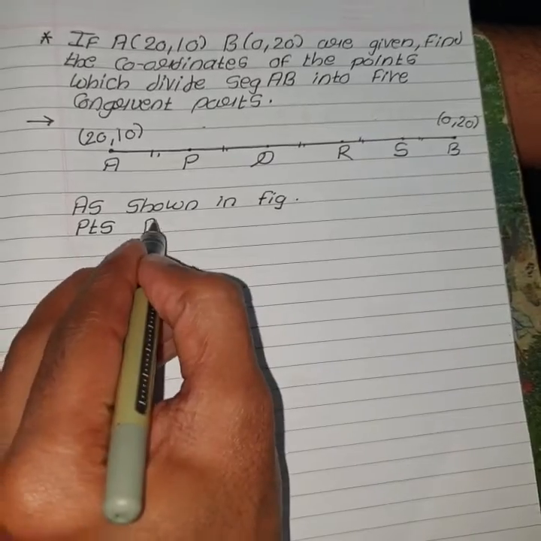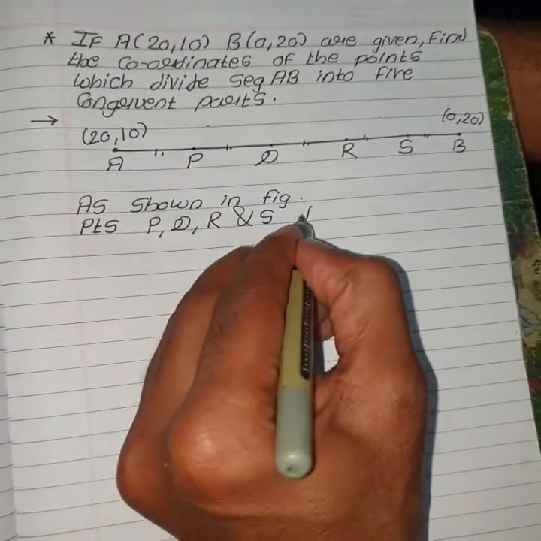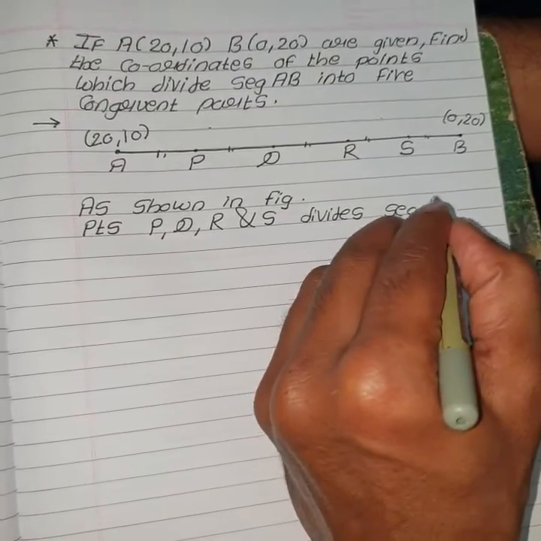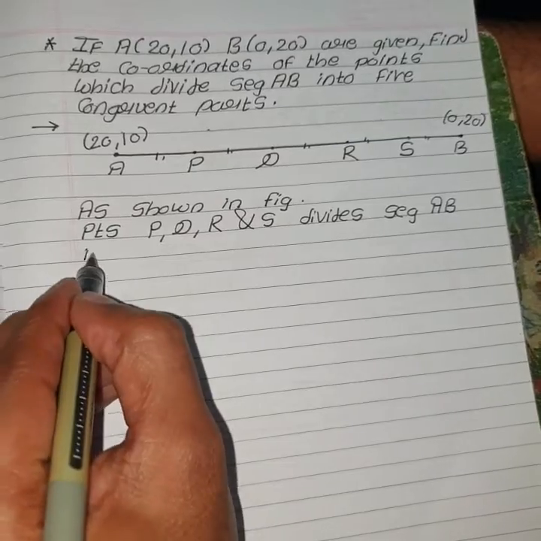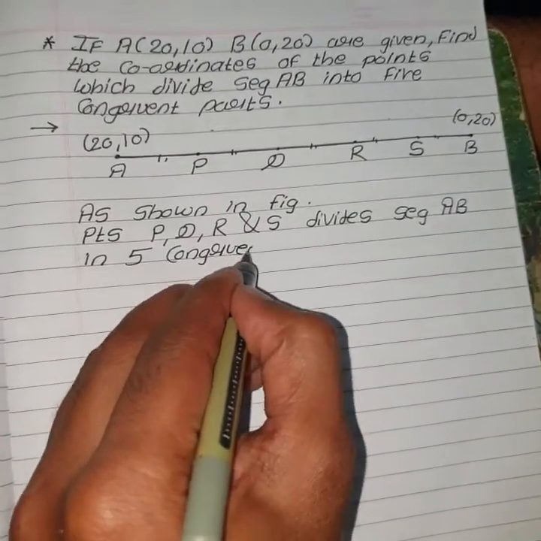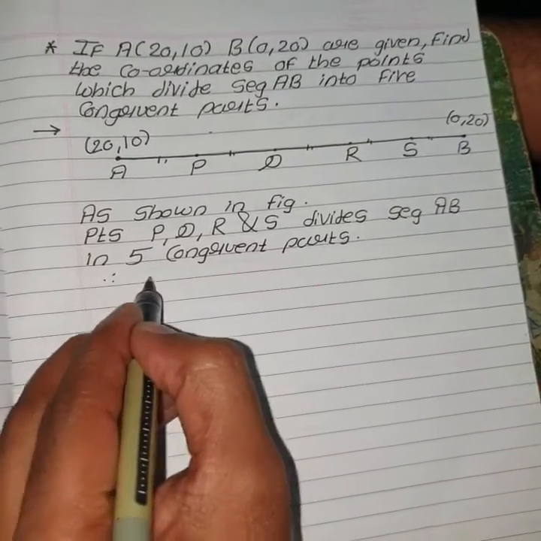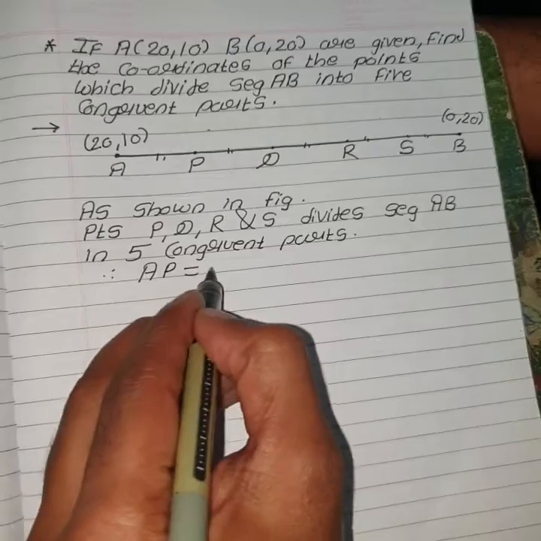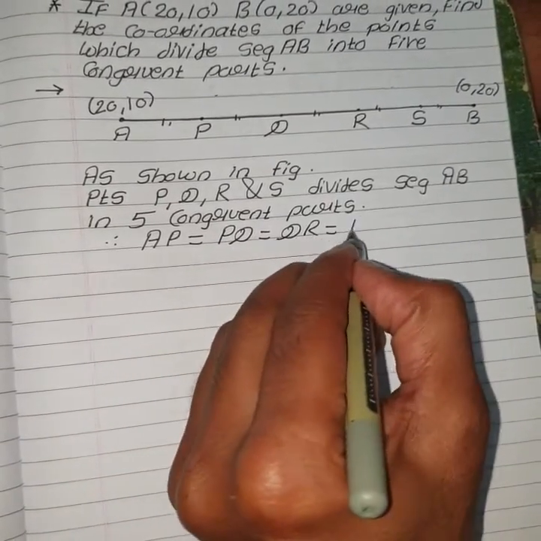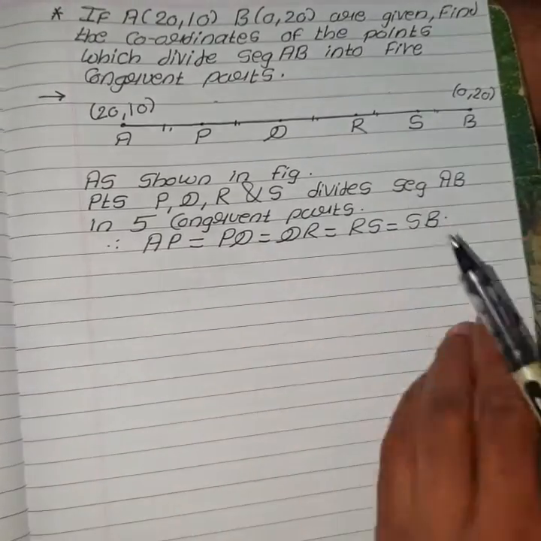Points P, Q, R and S divide segment AB in 5 congruent parts. Therefore AP is equal to PQ is equal to QR is equal to RS is equal to SB.